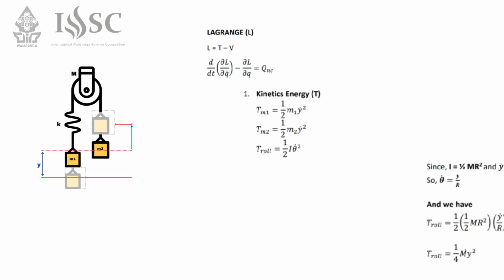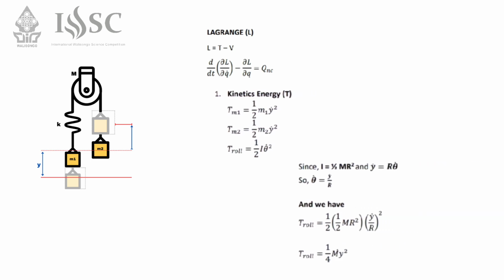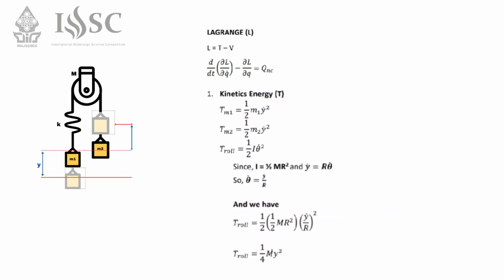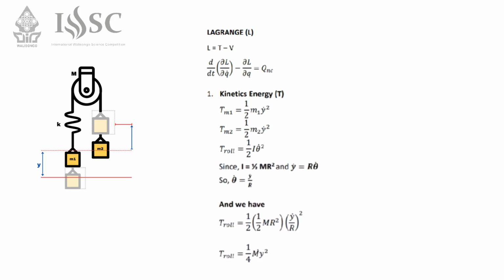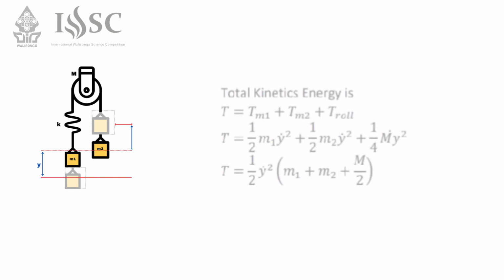For the pulley, since the pulley has inertia, I is half of M r squared, and y dot is r theta dot. So theta dot is y dot divided by r. And we have the pulley's energy like this. And also the total kinetic energy is like this.